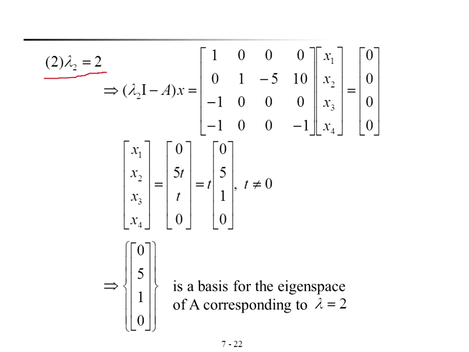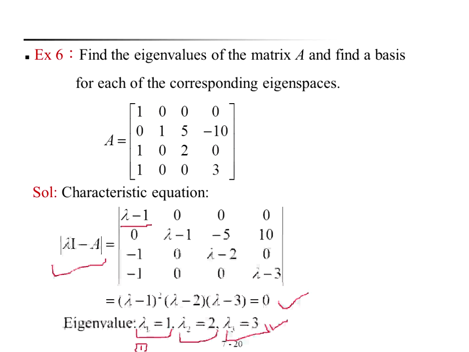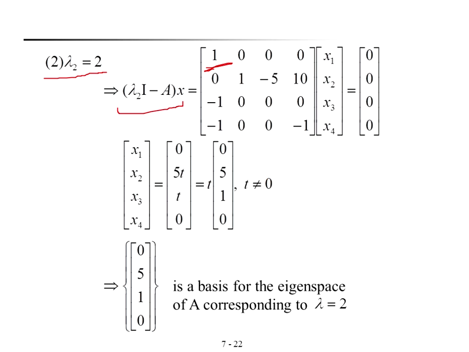From the same equation of the eigenvector, subtract 2 minus 1 from the main equation, lambda I minus A. We get 1 here: 2 minus 1 is 1, and the rest of the matrix is the same.